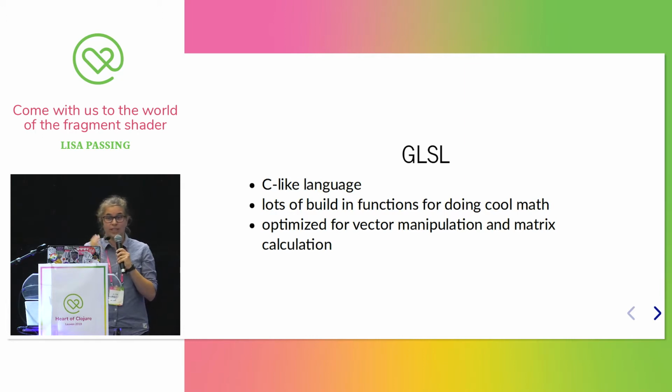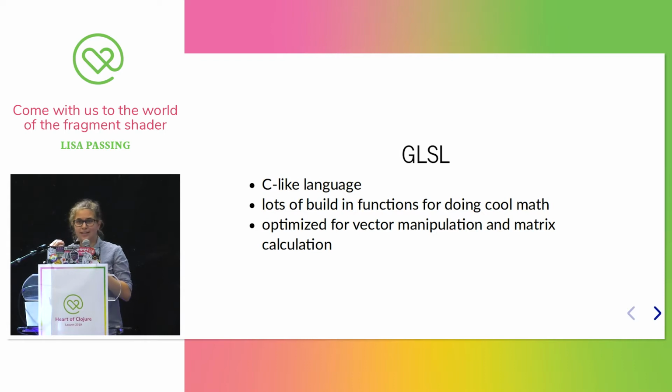We don't have logic, we can just do math. And we have a lot of interesting features around vector manipulation and matrix math. If you're interested, come talk to me later about swizzling, which is such a cool concept. But I don't have time to go into it, so I'm just teasing you with it.